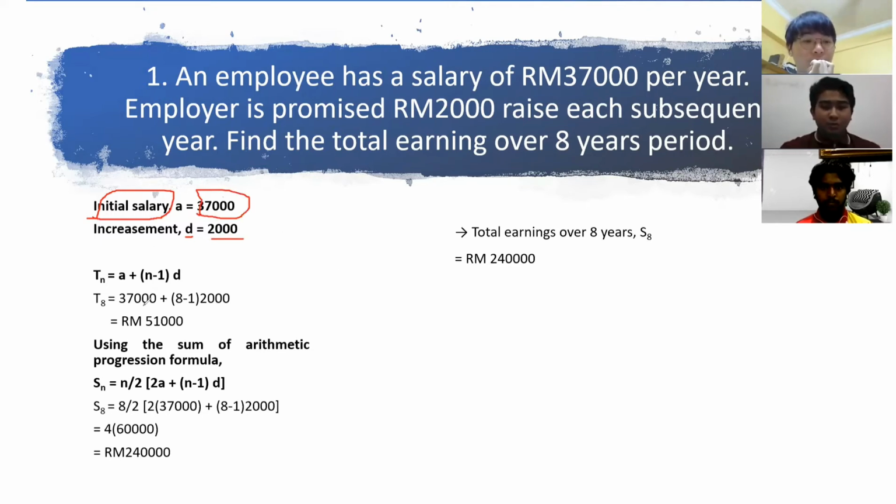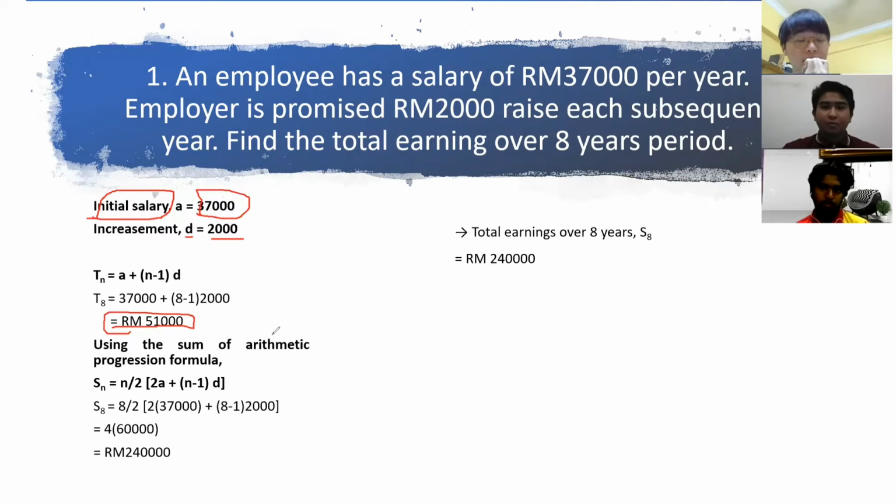So we must find out the last term first. The a will be 37,000 ringgit. So 37,000 plus n, which is 8 minus 1, multiplied by 2,000, you will get 51,000.